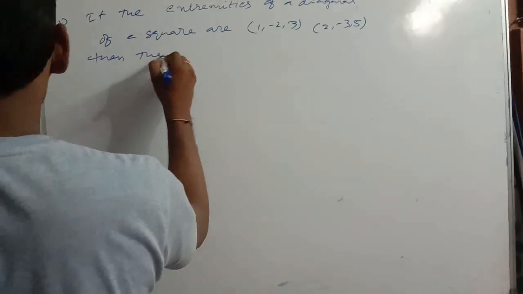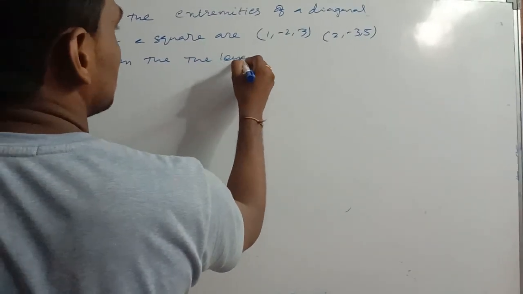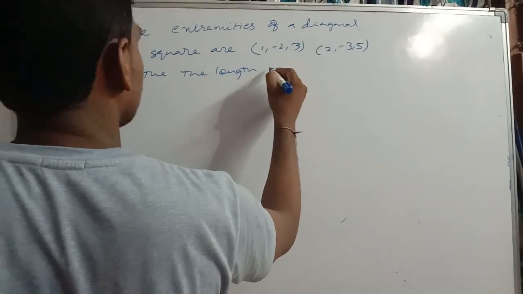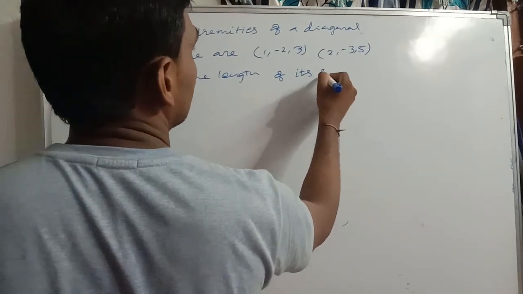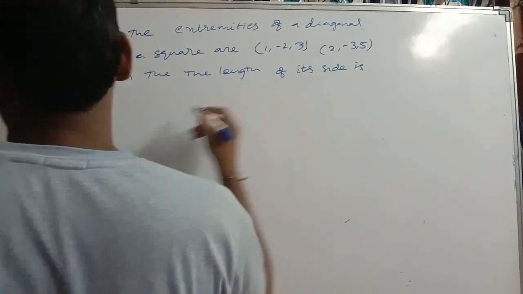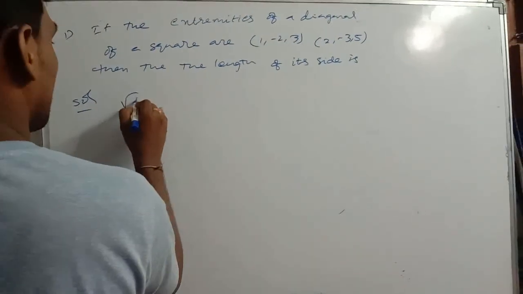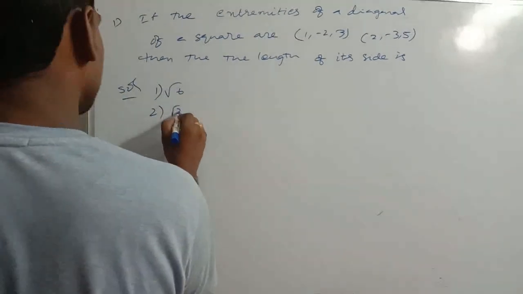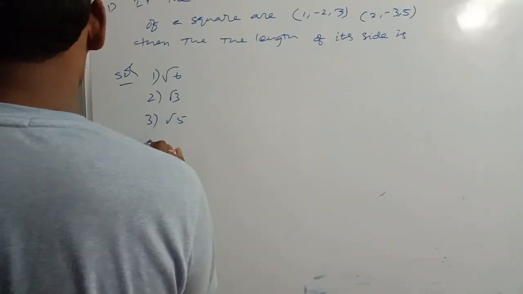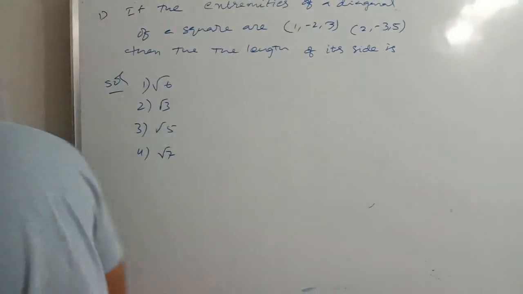Then the length of its side is? Here the first option is root 6, second option is root 3, third option is root 5, and fourth option is root 7.